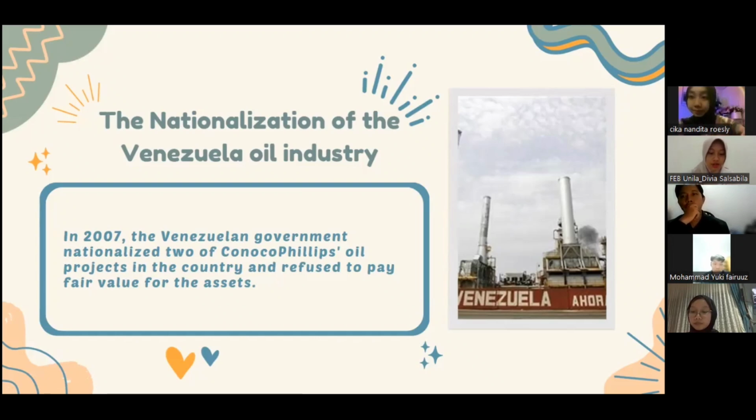In 1997, ConocoPhillips also acquired a majority stake in Petrozuata, another oil project in the Orinoco Belt, through a partnership with PDVSA and French oil company Total SA. The project aims to produce heavy blended oil that can be exported to international markets.